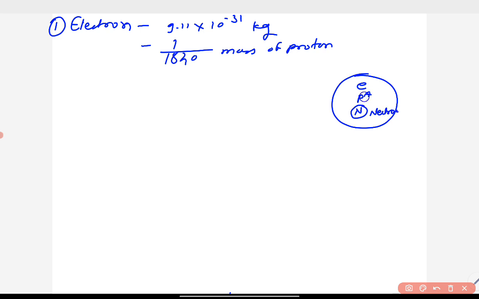The proton has a positive charge and the electron has a negative charge. The charge of an electron is minus 1.602 × 10⁻¹⁹ coulomb. The unit of charge is the coulomb.